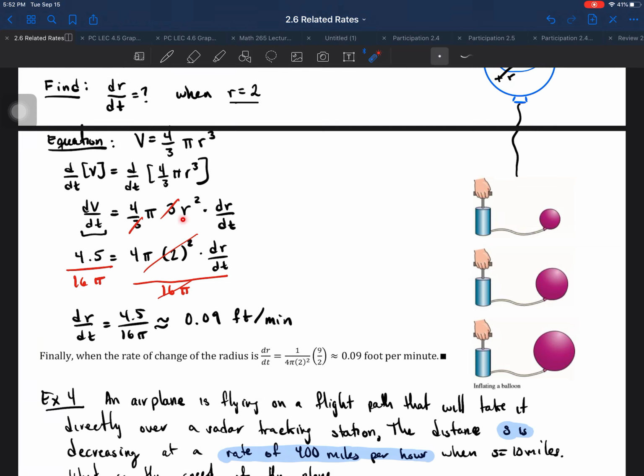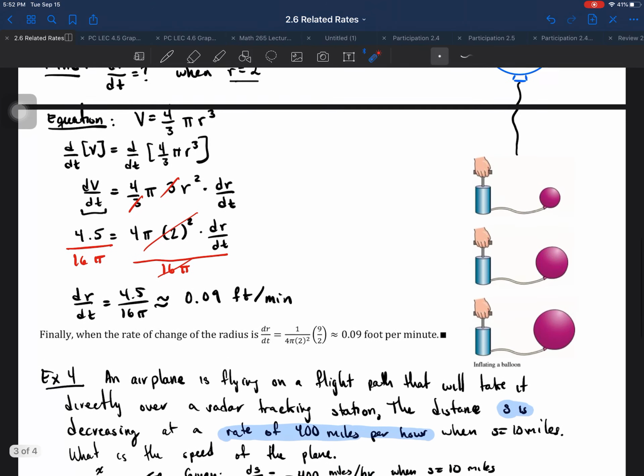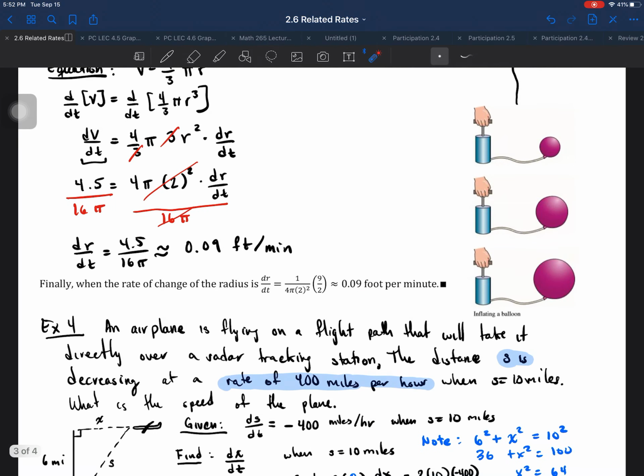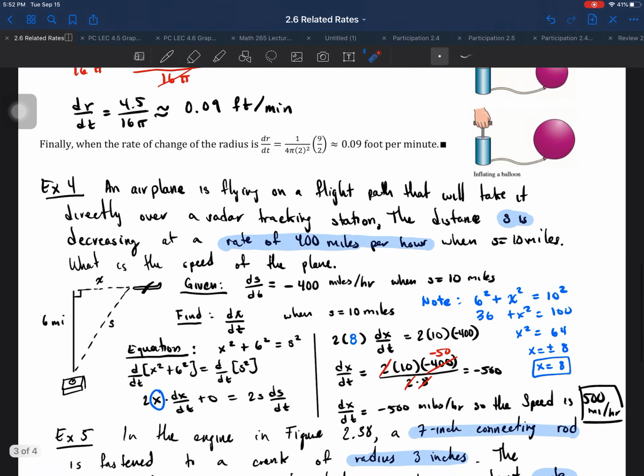Sorry, my bad, I skipped a step here. Let's plug in, those cancel each other out. We know what r is, that's 2, so we can plug it in, and that gives us 16 pi. So we can divide both sides by 16 pi. That will cancel, and now we have 4.5 over 16 pi, which is equal to 0.09 feet per minute, and that gives us the rate of change of the radius.